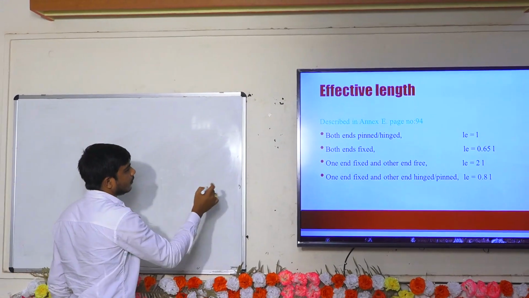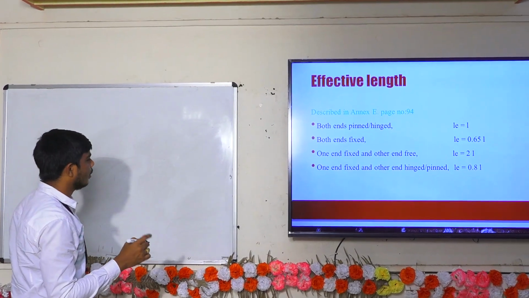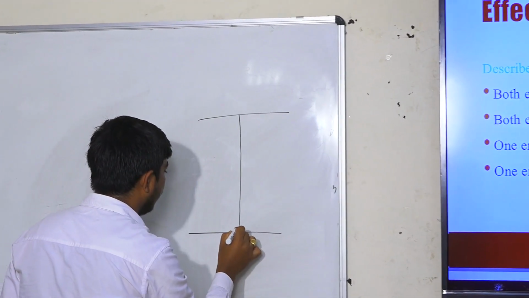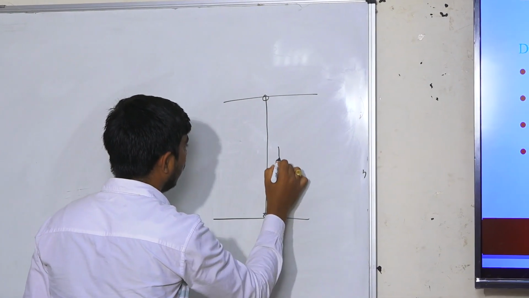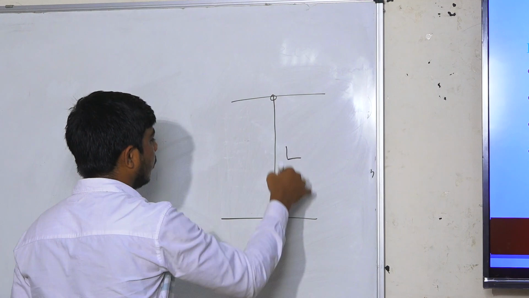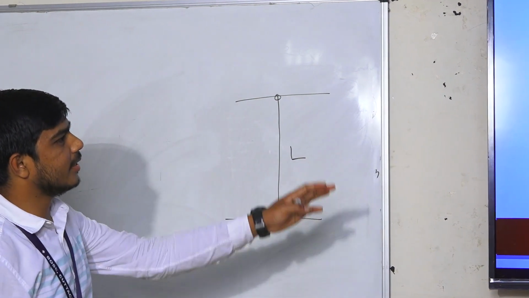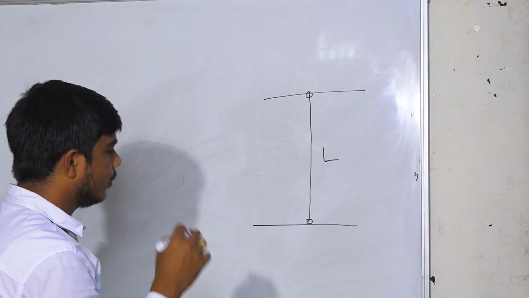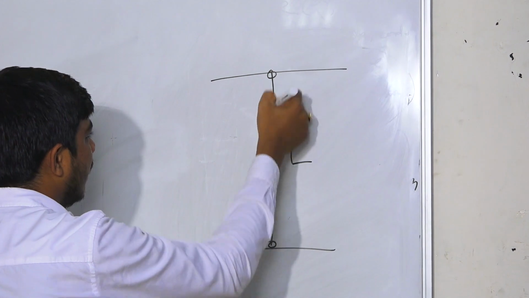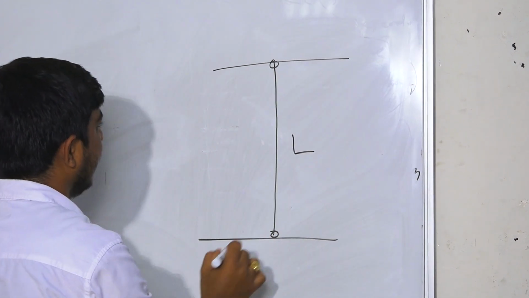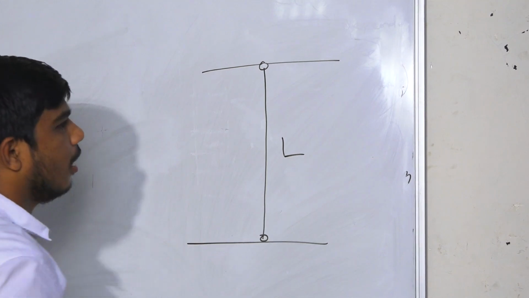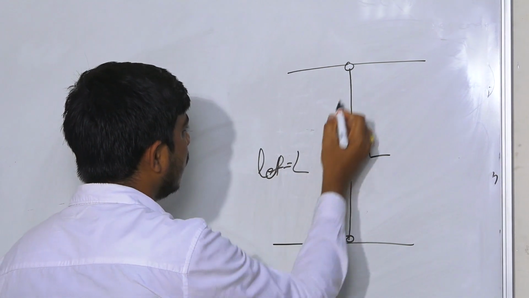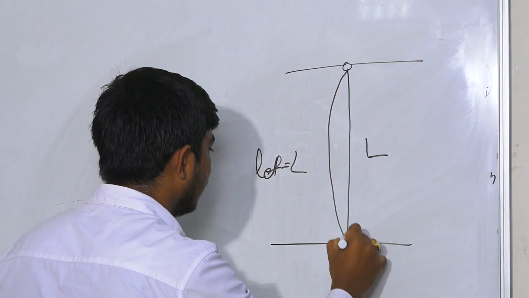In the first case, both ends are pinned or hinged, meaning we have a column which has a length of L. This is the unsupported length, and these things are taken from IS code, Annexure E, page number 94. Length is L, unsupported length means this is the end and this is the end, and it is pinned or hinged. Then effective length will be L, because this column will try to bend like this.